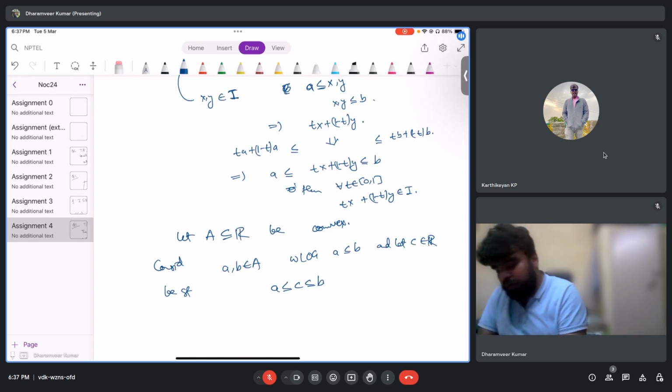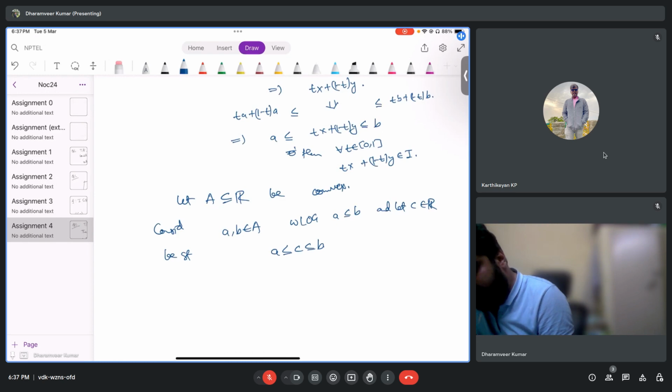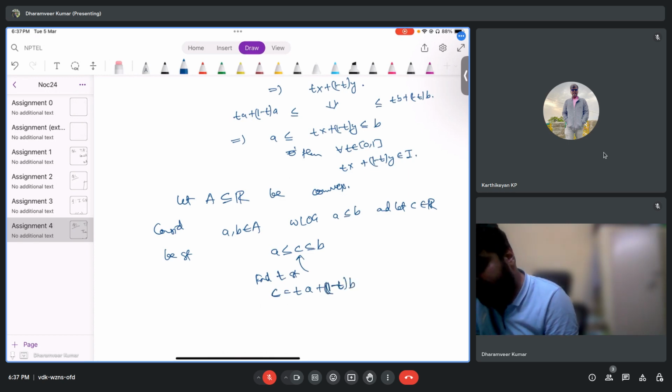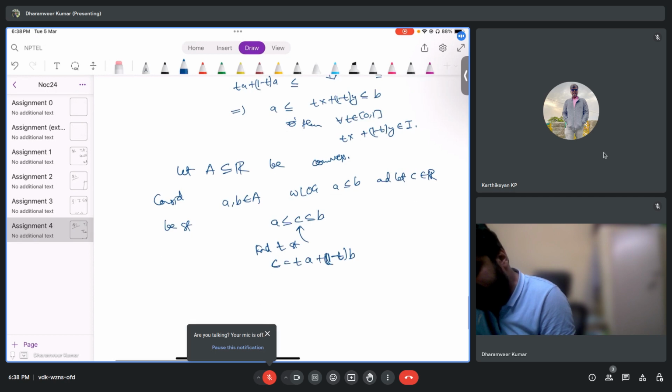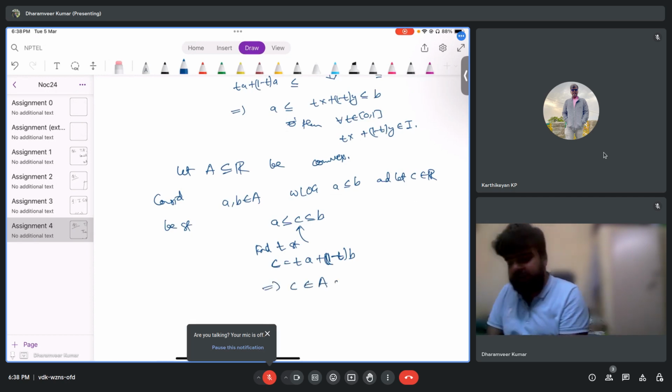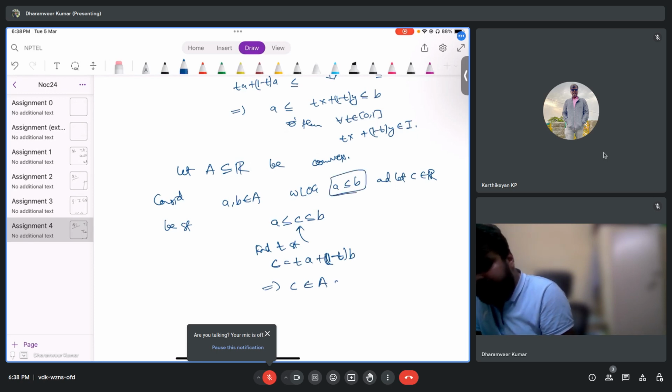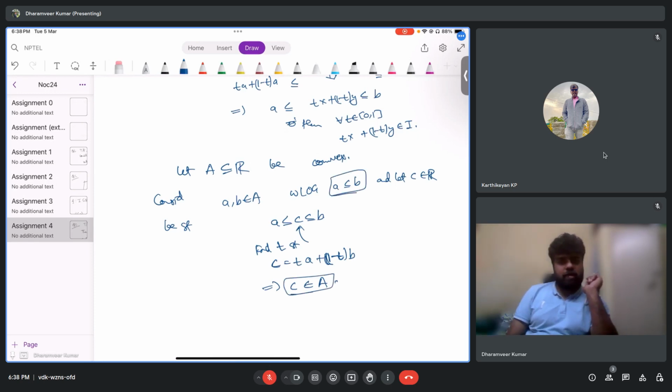So for any points a and b, you can find a t such that c equals ta plus (1 minus t)b. This implies that c is in A. So given any two points, this c is inside A.